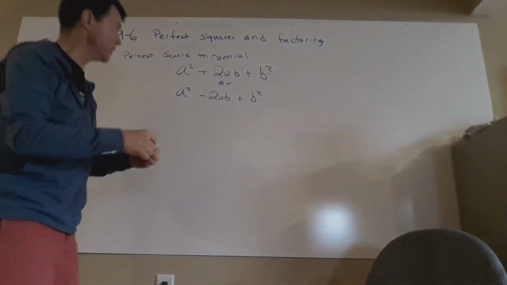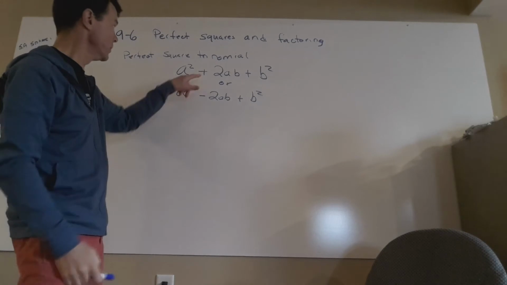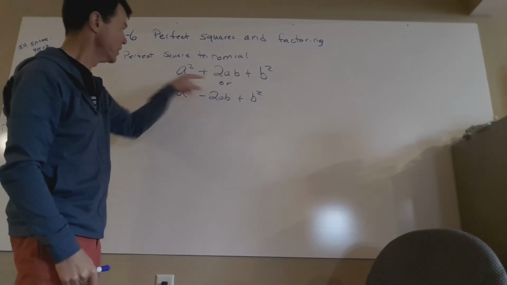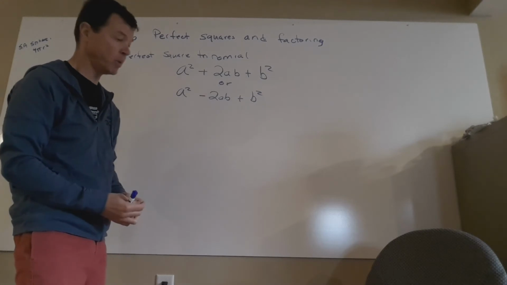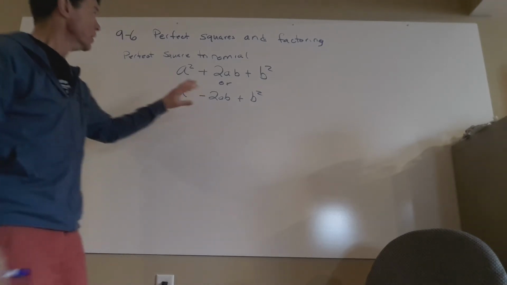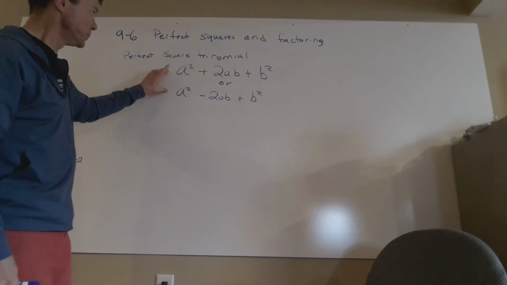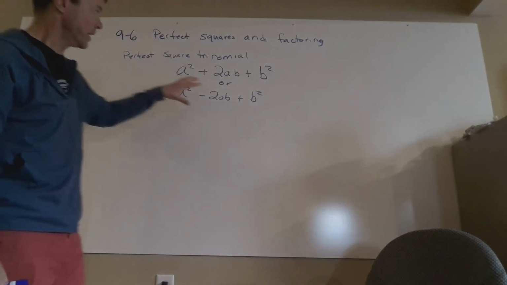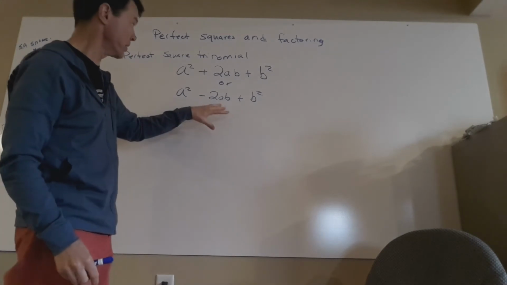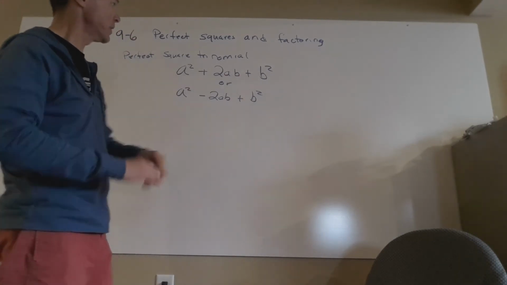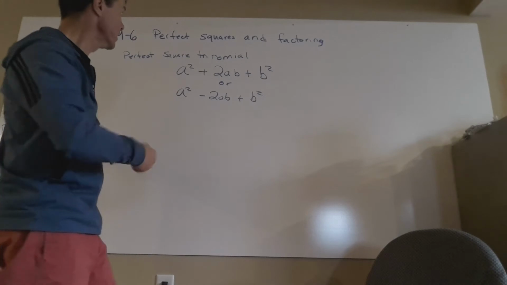The only difference is that the middle term is either positive or negative, and either way the first and last terms are both positive. So here are your trinomials, and this is just a model to start with of what these would look like factored.